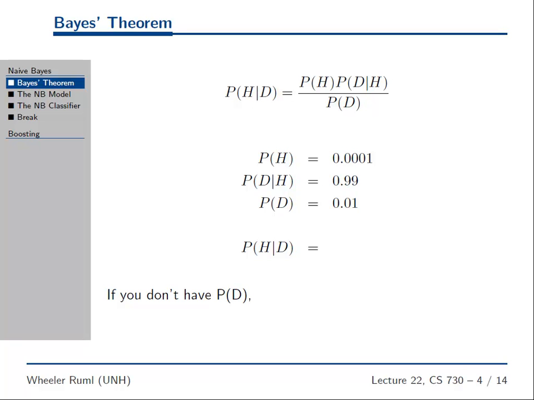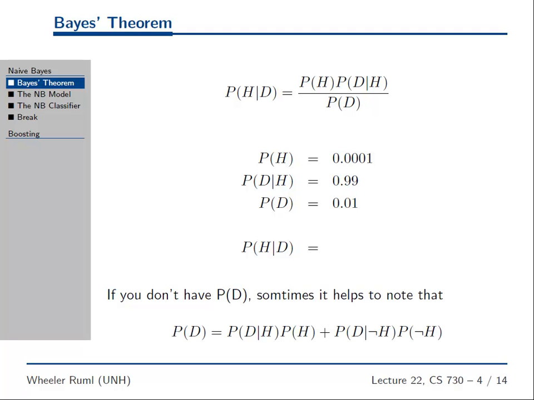Now, one problem is this denominator term here. Sometimes you don't have that. Anyone have a sense of what we can do about that? We apply mathematics and try to get the probability of D some other way.